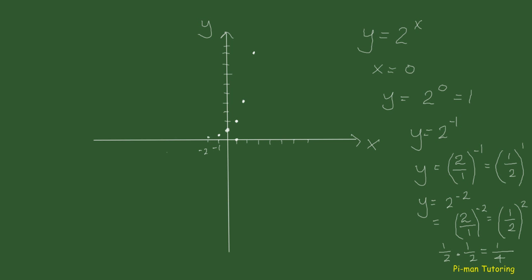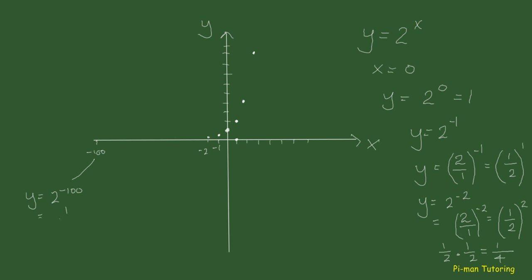This exponential curve is going to get closer and closer to the x-axis, but it's never going to quite get there. If you imagine out here, let's say we had negative 100. I know that's not to scale, but what would the y value be here? y equals 2 to the negative 100.